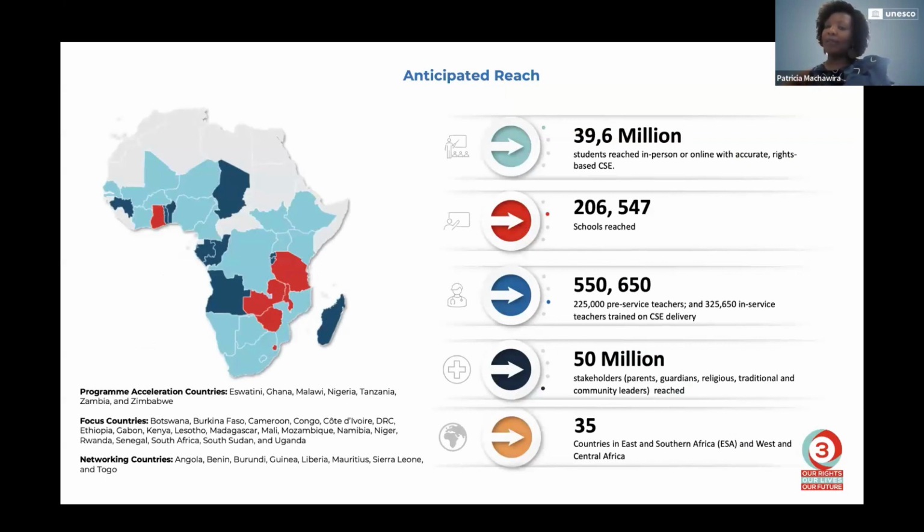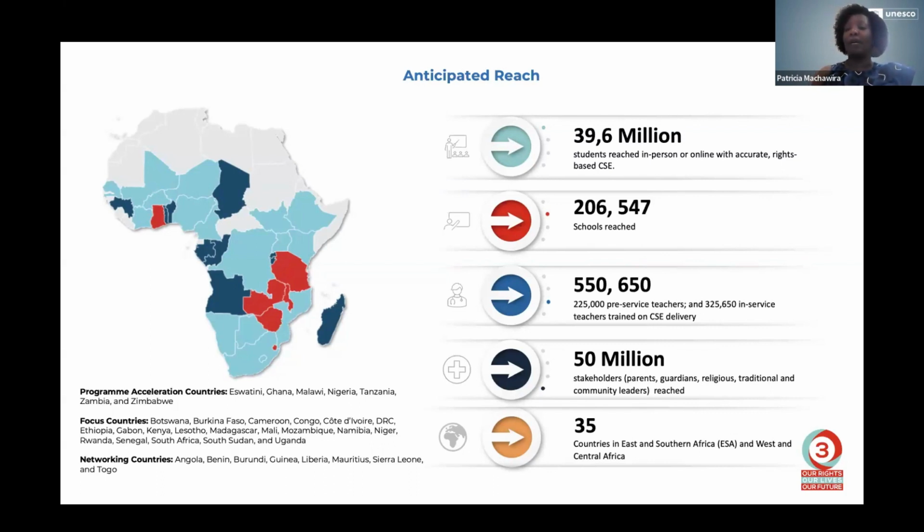So the program, Our Rights, Our Lives, Our Future for basic education is running in 35 countries across East and Southern Africa and West and Central Africa. We anticipate to have reached almost 40 million learners by the end of 2027, which is the 4-year period of implementation, over 200,000 schools, and over 500,000 teachers in both pre-service and in-service, and 50 million stakeholders.